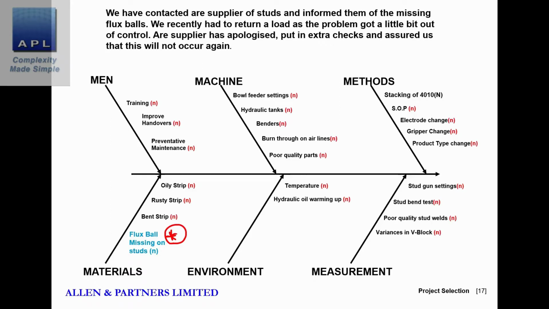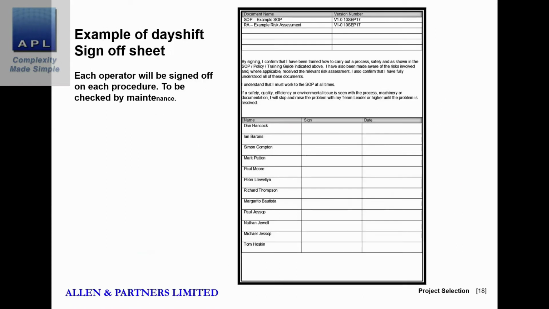That needs to be sorted out. Now of course previously, in all the chaos that was going on, they didn't know that this was happening. They didn't have time to even discover this because there was so much rework to be done. All they could do was fix it. They couldn't go back and do something proactive. So now we've identified the fact that the flux ball is a problem.